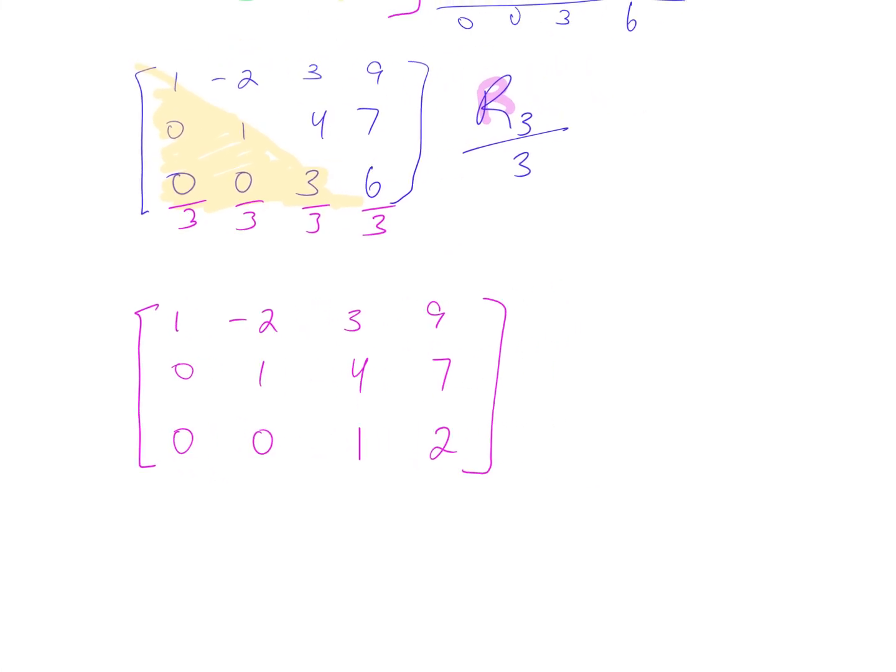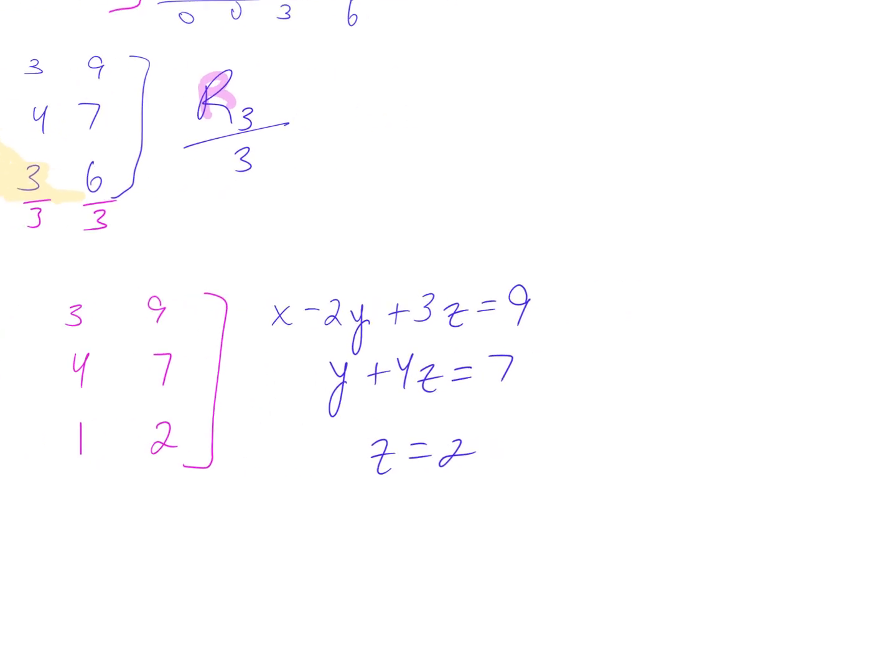Now, how do I write my first equation? Minus 2y plus 3z equals 9. Good. Y plus 4z equals 7. And perfect. Now, what do I do with that? Back substitution. So I'm going to say, okay, y plus 4 times 2 equals 7. Y plus 8 equals 7.